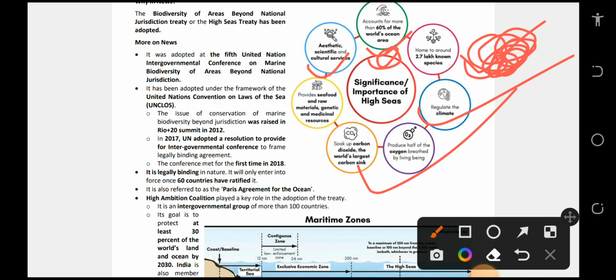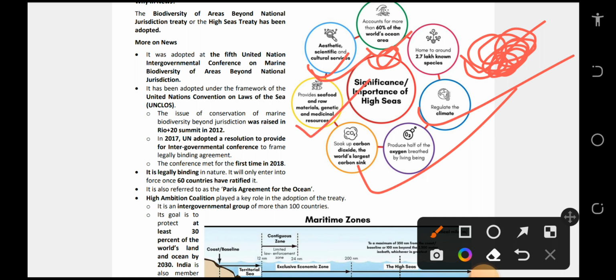The next importance is aesthetic, scientific and cultural service. They also provide an opportunity for scientific development and cultural service.